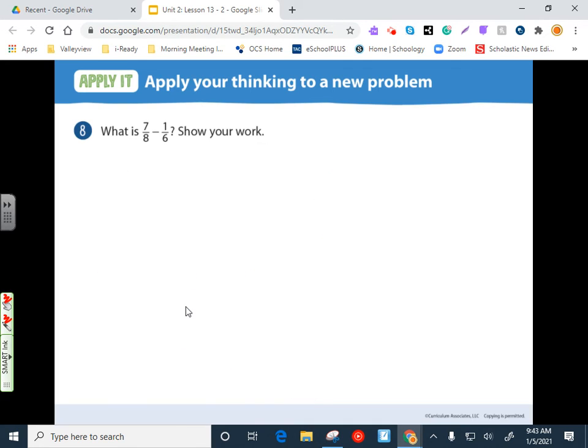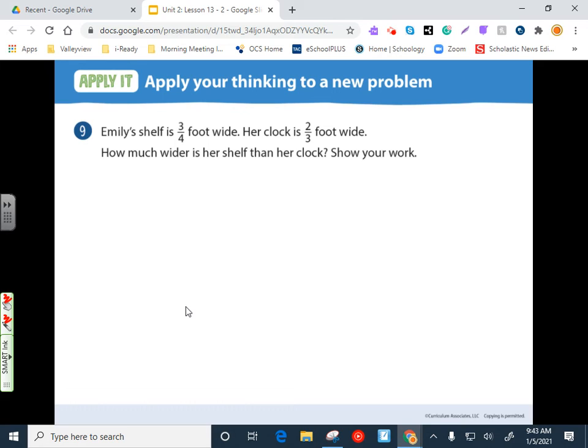Next question. Emily's shelf is 3/4 foot wide. Her clock is 2/3 foot wide. How much wider is her shelf than her clock? Show your work. This one, we could do 4 times 3 and give us 12 as a common denominator.